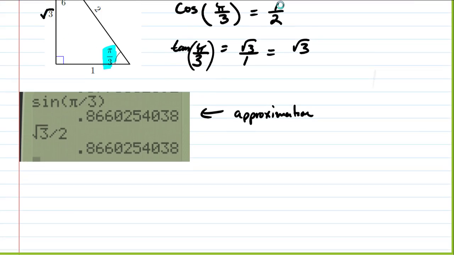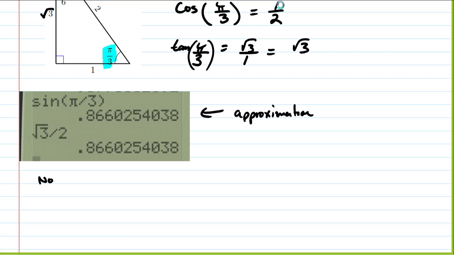Second thing that this tells us is, note, the calculator is in radian mode, right?